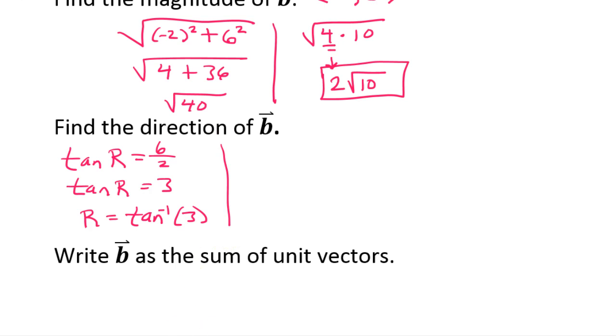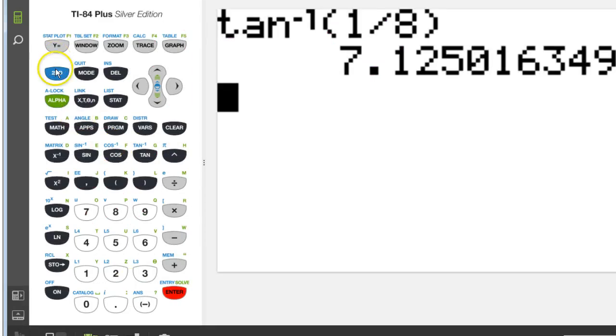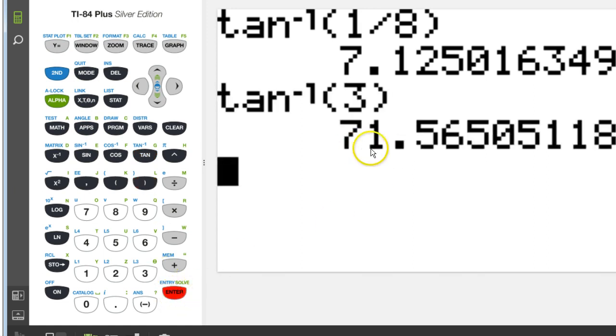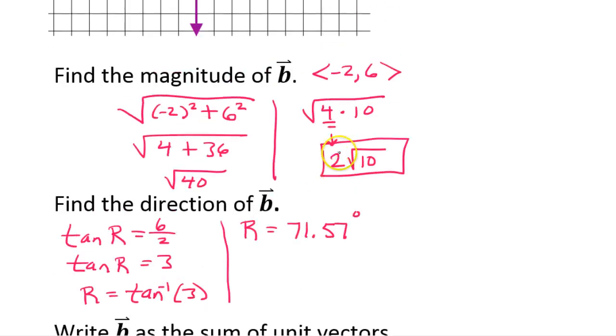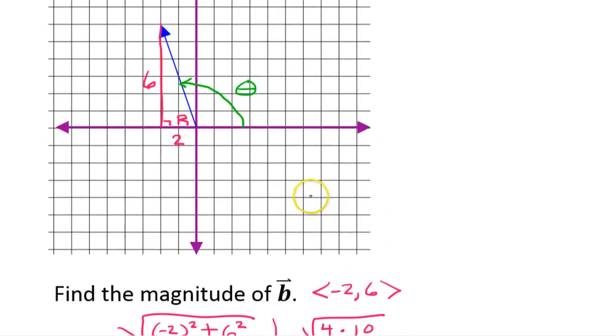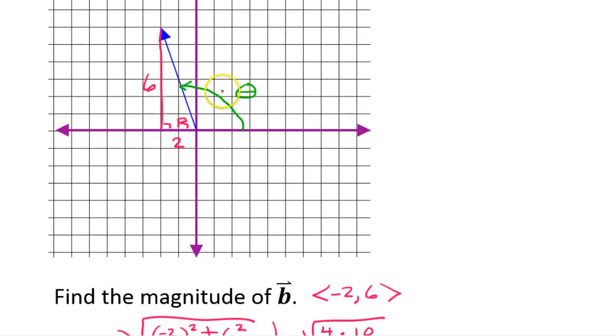Okay, so let's take a peek at the old calculator and see what it says. Inverse tangent of 3. That is 71.57. So R is 71.57 degrees. That is the reference angle. Now, how does that relate to the actual angle theta, the direction that we're looking for?